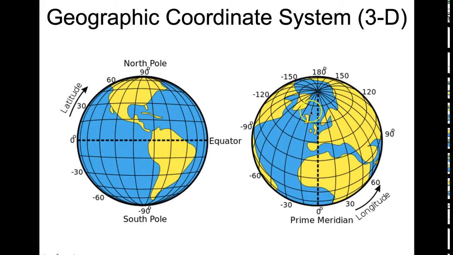So the distance in terms of a degree of latitude here is longer than the distance of a degree of longitude.